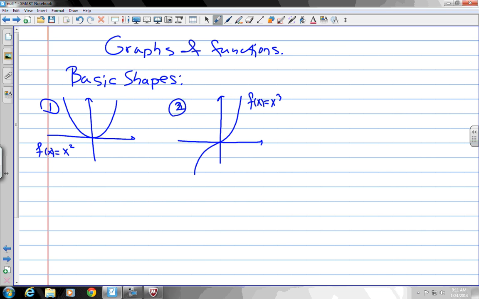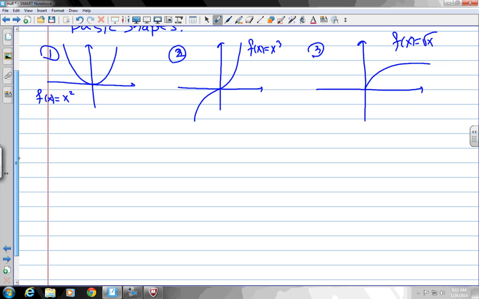The square root function. Right, you're familiar with these shapes. I don't need to build a table of values to come up with that, right? You've seen those before. This is more of a refresher.